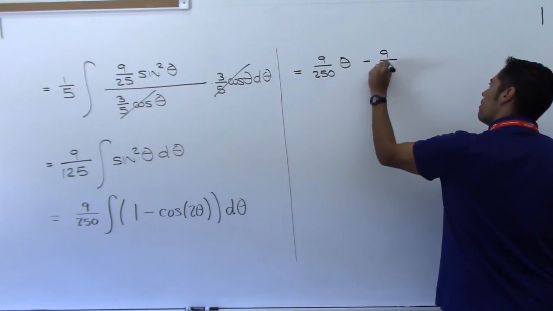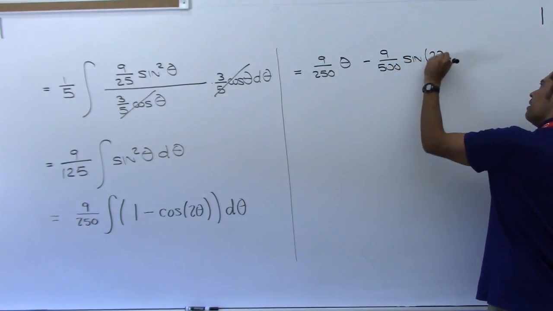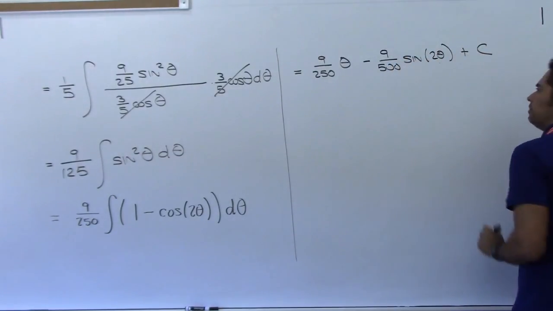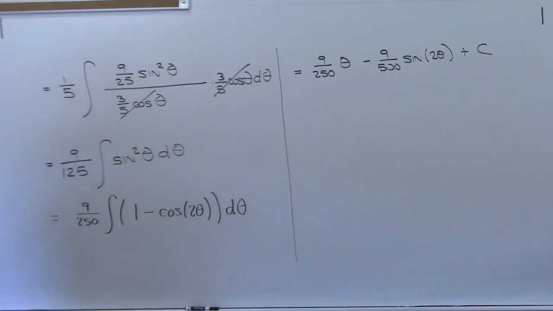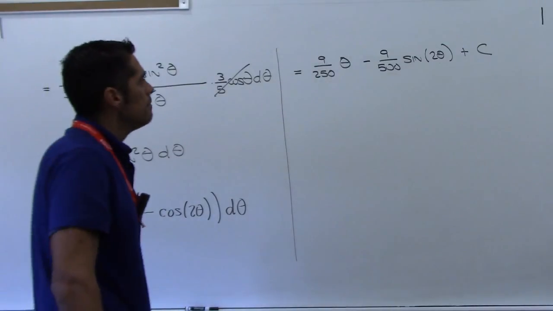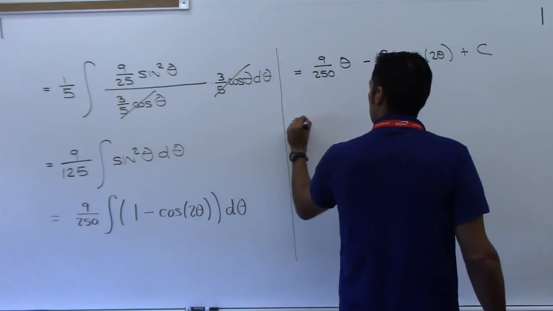Minus 9/500 sine 2 theta plus a constant. 9/250ths. Well, theta plus, or no?